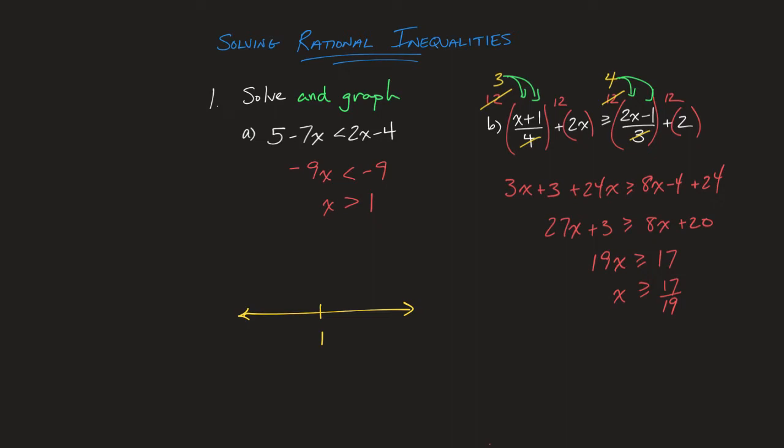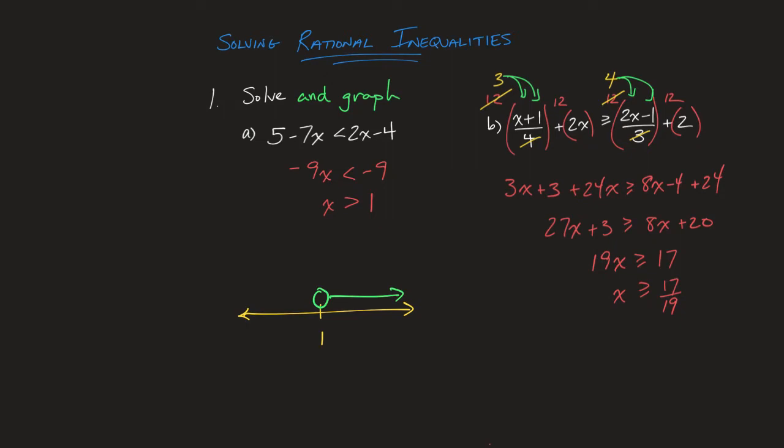And now I need to highlight which is my accepted values. So what are the x values that are the solution to that inequality? I need x is greater than 1, so I'm going to put a little open circle, and then I show the greater than side.